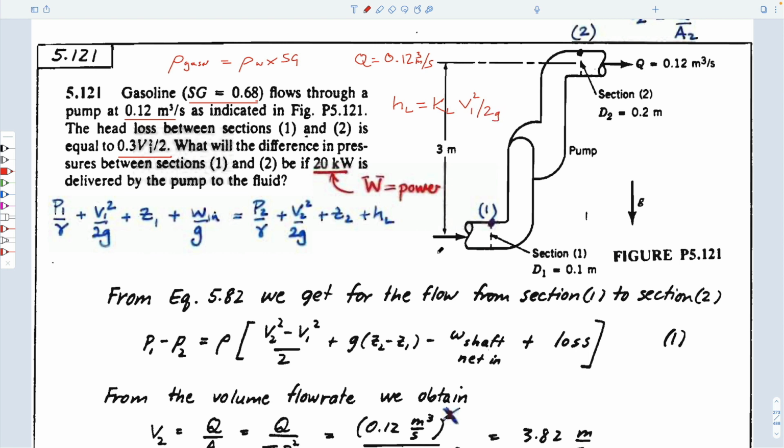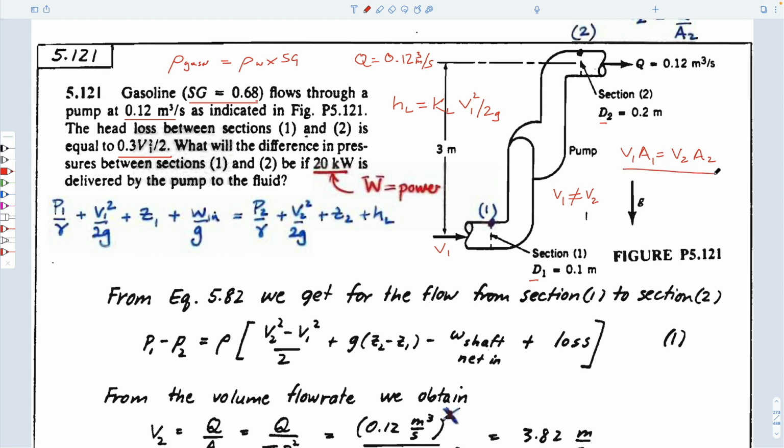This is velocity V1, so it has to be one of the velocities. The little wrinkle in this is that D1 is not the same as D2. This is a smaller diameter, this is a bigger diameter. So you have to classify this head loss relative to one of the velocities. And velocity V1 will not equal velocity V2, because velocity 1 times A1 will equal velocity 2 times A2.